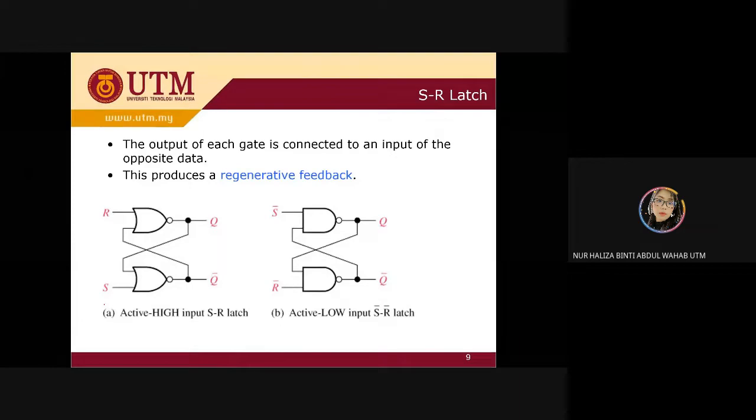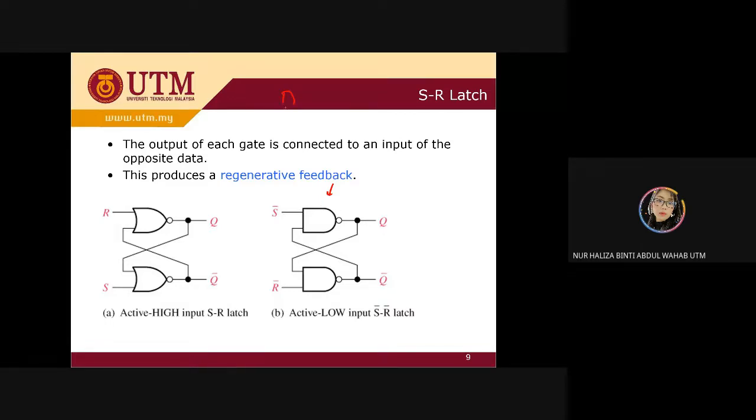Okay, now you have another one, which is active low. If you still remember your last module, NAND can also be similar to negative OR. So that's why you can also change this NAND to a negative OR like this.